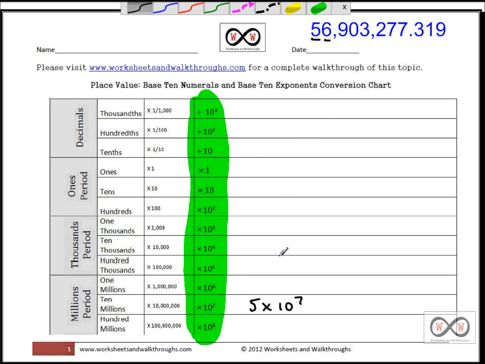We can go to the 1 millions. It's 6 times 10 to the 6th power. You can check the number of zeros here because as you move from place to place in the place value chart to the left, you're increasing in value by a power of 10.